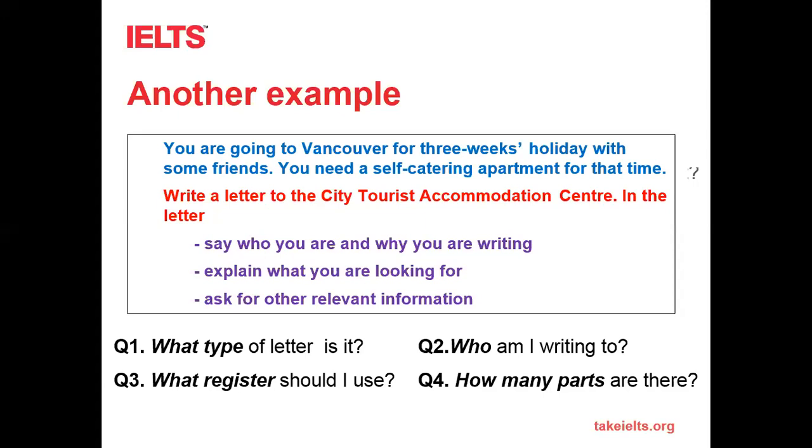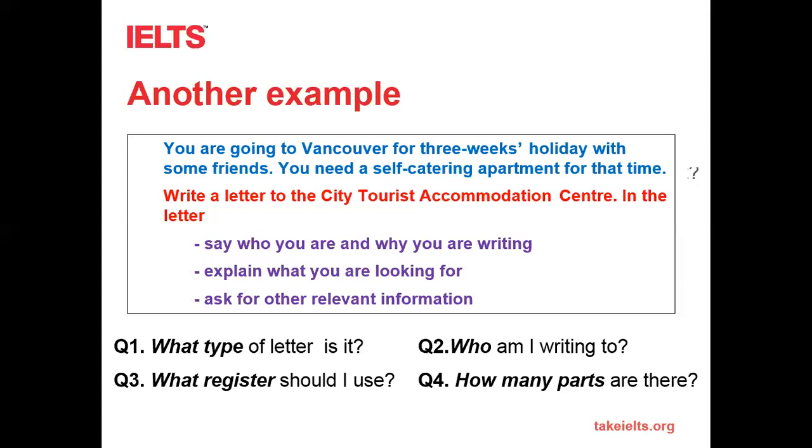Wi-Fi again, the amenities, very good. Yes, whether it's smoking or non-smoking, and so on. So you're building up a little scenario, you're building up a little story to include in your letter. Okay.